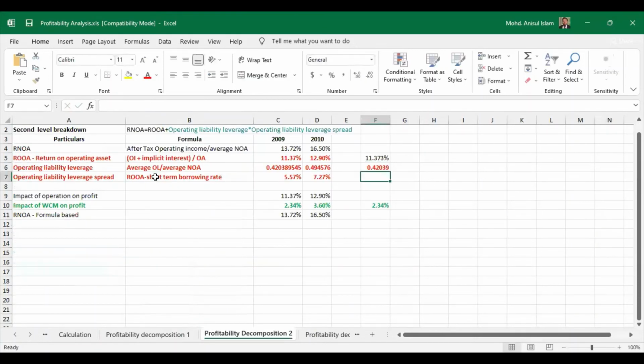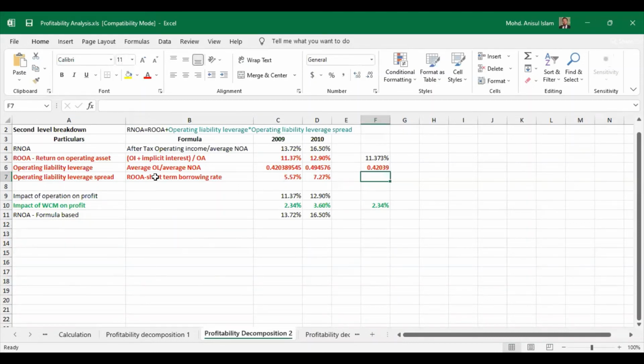So here you see what we have taken as a numerator. We have taken the operating liabilities as a numerator, and the net operating asset as a denominator. Now in financial leverage, we take the net financial obligations as a numerator and divide this number by CSE, or common shareholders equity.